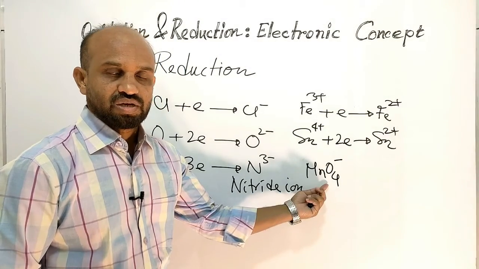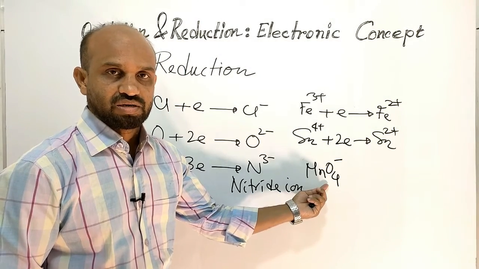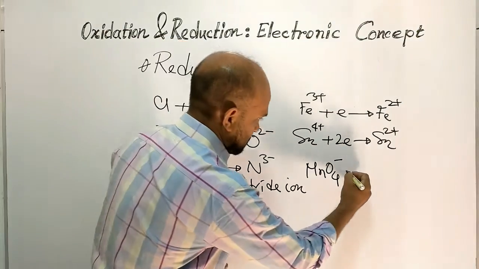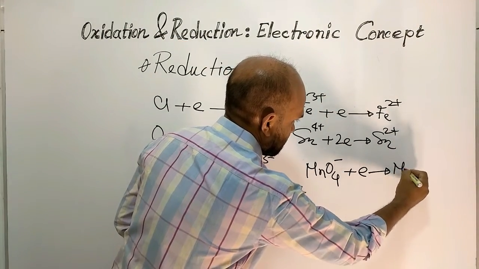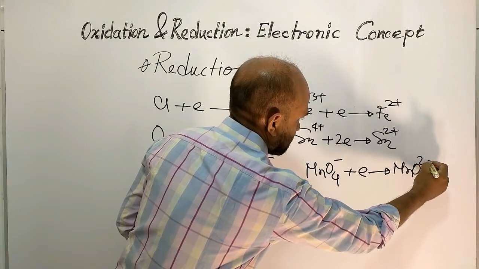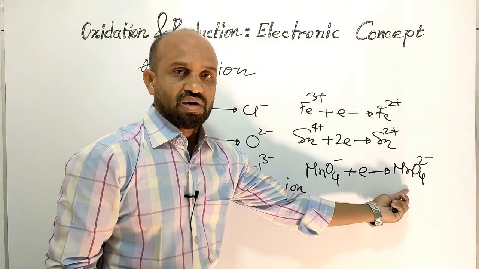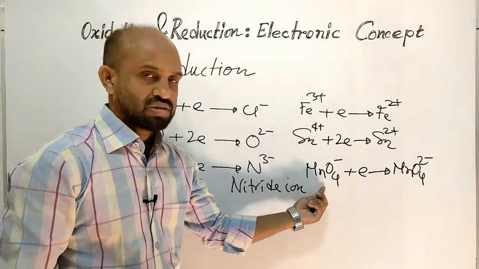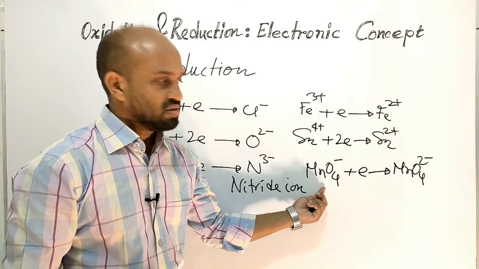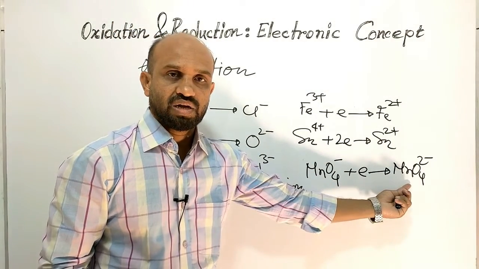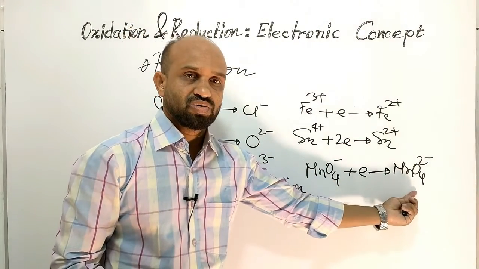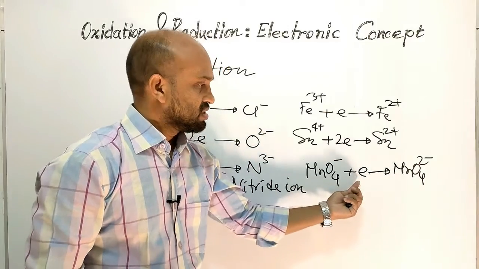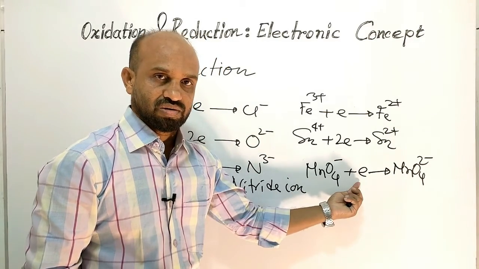The name of this ion is permanganate ion. It receives 1 electron and manganate ion is formed. This is permanganate ion and this is manganate ion. Permanganate ion converts to manganate ion, receiving 1 electron.